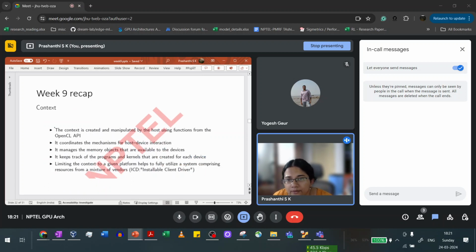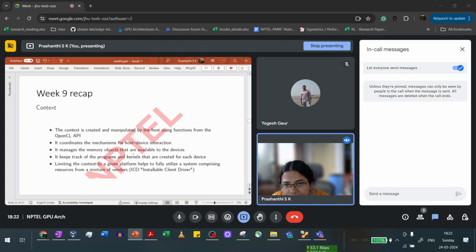So now we'll go a little bit into some of the terminology that was discussed. So we spoke about context, right? So what really is a context? This is created and manipulated by the host using functions from the OpenCL API. So it coordinates the mechanisms for host device interaction.